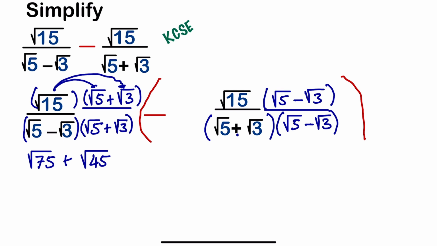Okay, so if we look at the denominator, if we use difference of two squares, root 5 times root 5 is 5. So divided by 5, and minus root 3 times root 3 will give us minus 3.